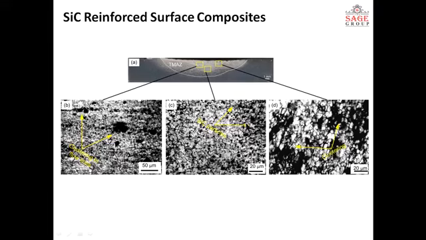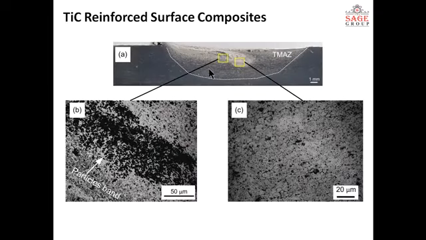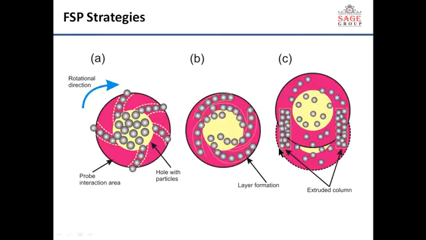So we can see there is deformation, there is some cluster formation of silicon carbide, and this clustering or reinforcement agglomeration is due to improper selection of the process parameters, as we discussed earlier. It is a similar case with the TiC reinforcement, where there is some agglomeration or clustering of particles, whereas in this there is a uniform distribution. You can see there is uniform distribution of the reinforcement particles.